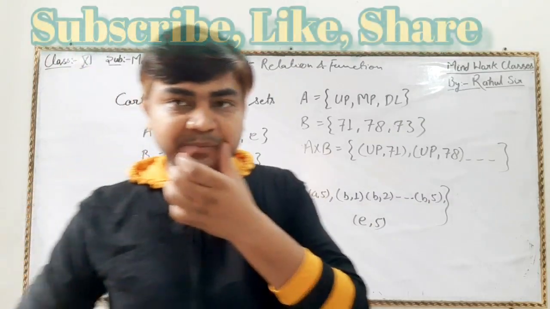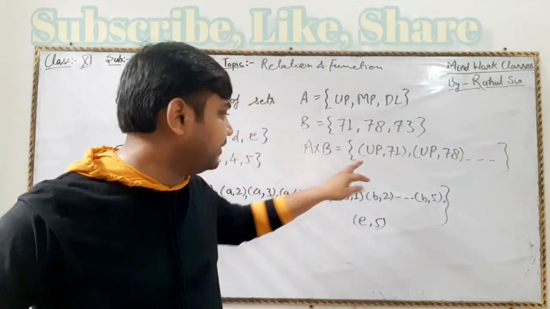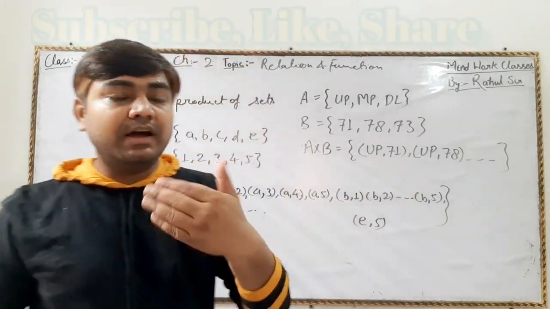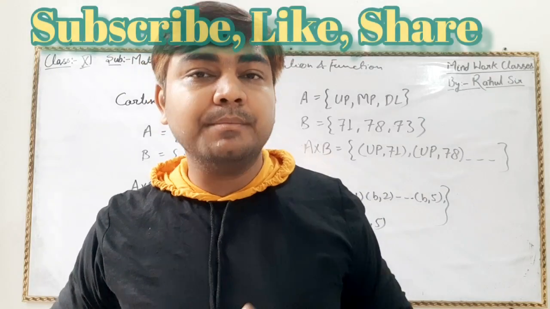In this case, UP is the first element and 71 is the second element, so the order is important.